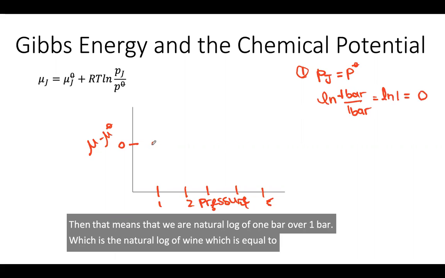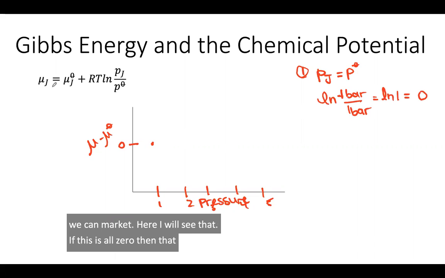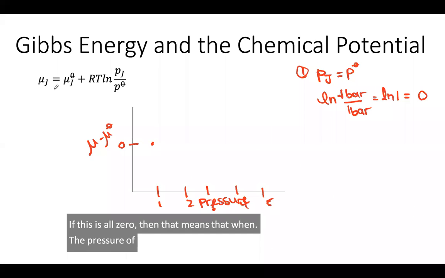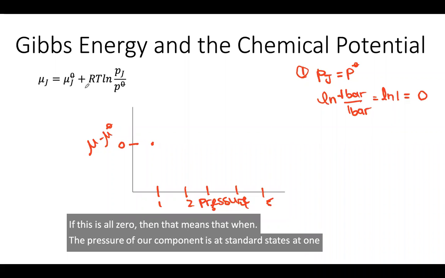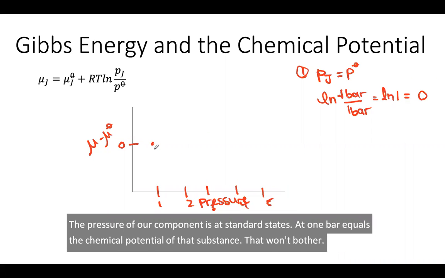And so at that point, we can mark it here, and we see that if this is all 0, then that means that when the pressure of the component is at standard state, so at 1 bar, it equals the chemical potential of that substance at 1 bar. And so this whole part goes away.